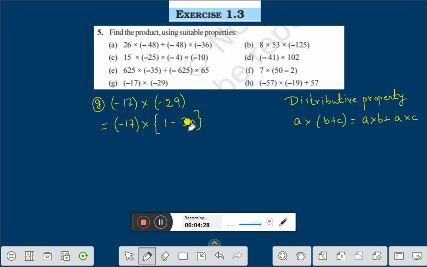Here 30 is greater than 1, so 1 minus 30 is minus 29. This is the same as that.